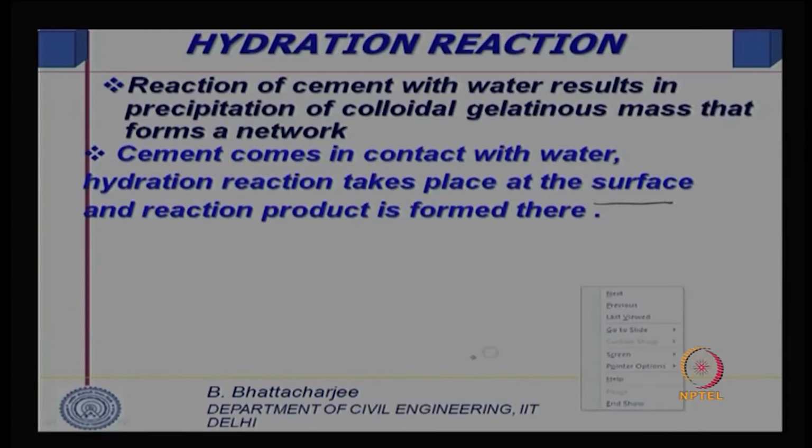We have a diagram, which I will come to. Cement particles may be clogged, but if you can disperse them so they are separated from each other, the reaction takes place at the surface and products are deposited at the surface, because water comes in.